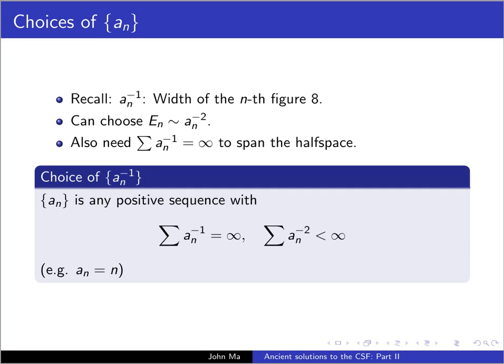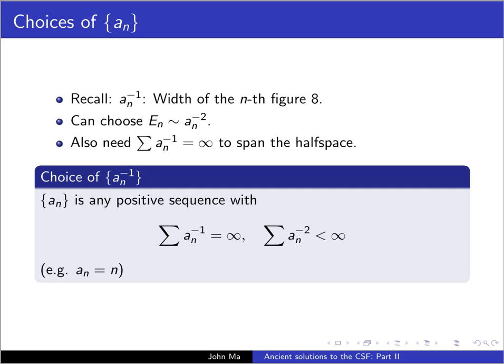On the other hand, because a_n inverse is the width of the figure 8, we also need that when you take the summation of all these a_n inverse, it has to be infinite, because we want to construct the Angenent solution spanning the whole upper half plane.